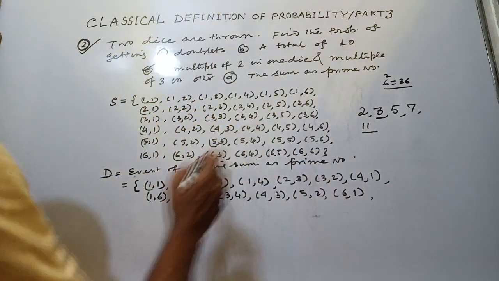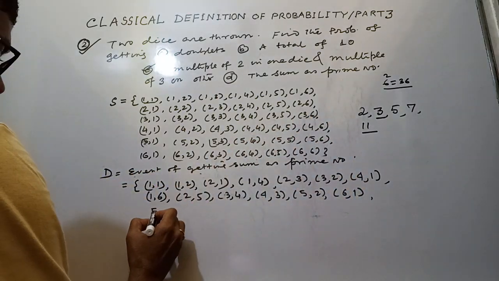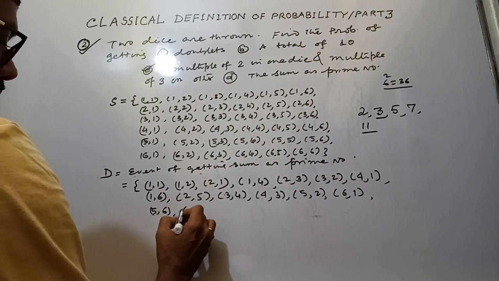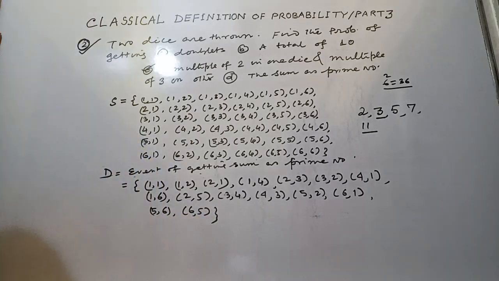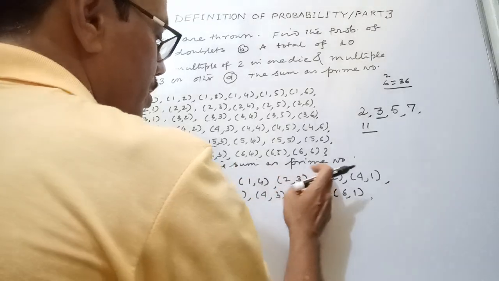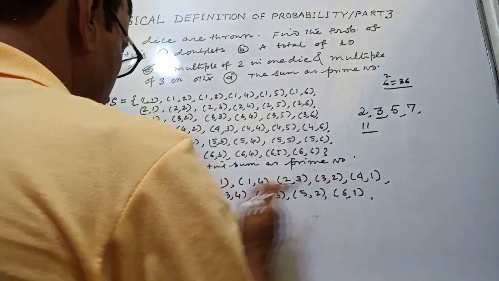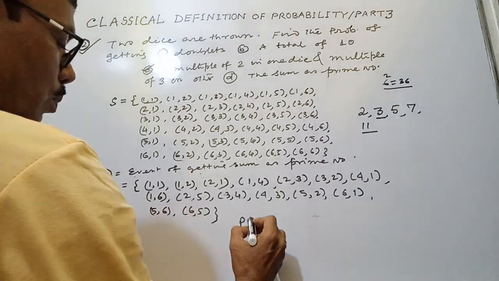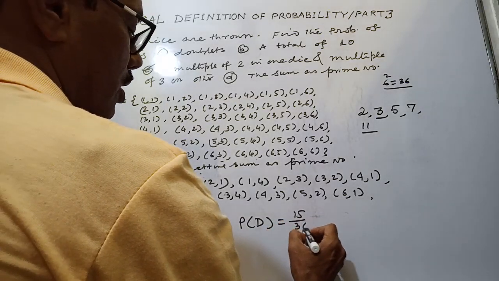And finally 11: 5-6 and 6-5. So how many cases? 1, 2, 3, 4, 5, 6, 7, 8, 9, 10, 11, 12, 13, 14, 15. So P(D) equals 15 by 36.